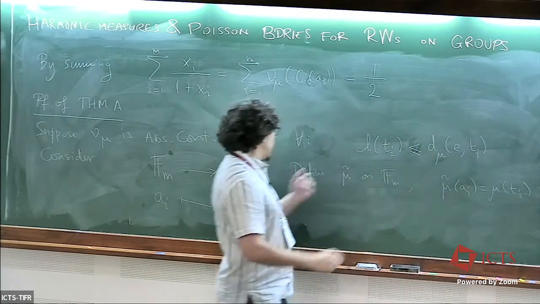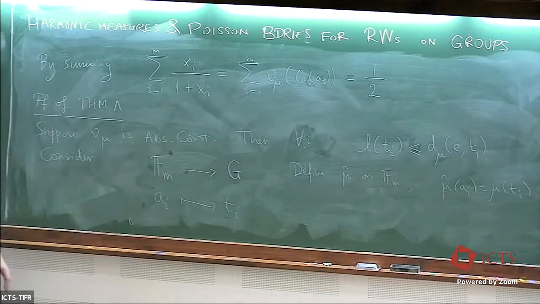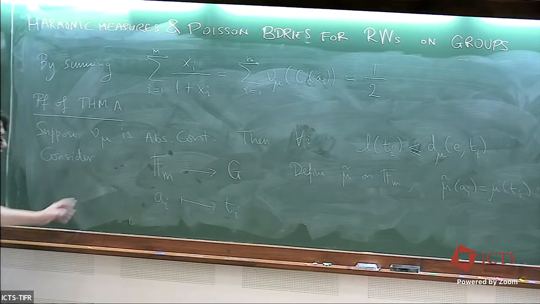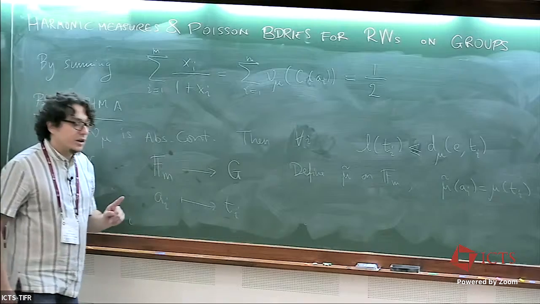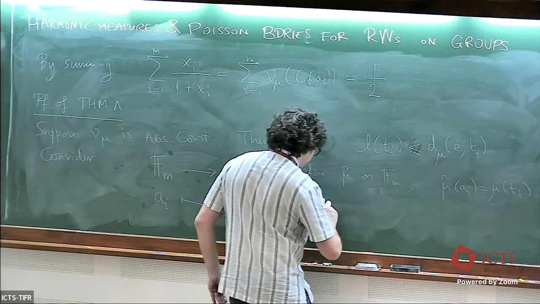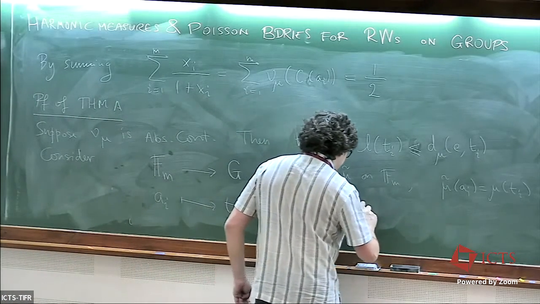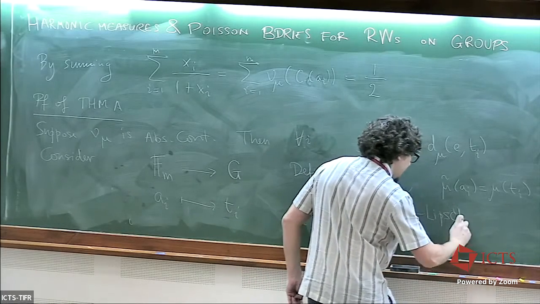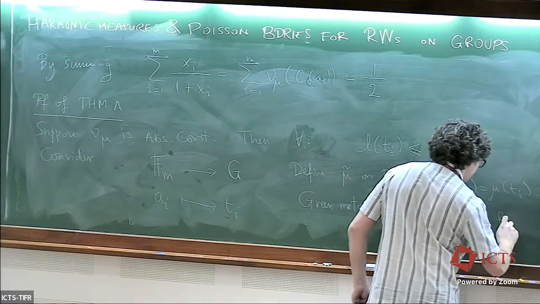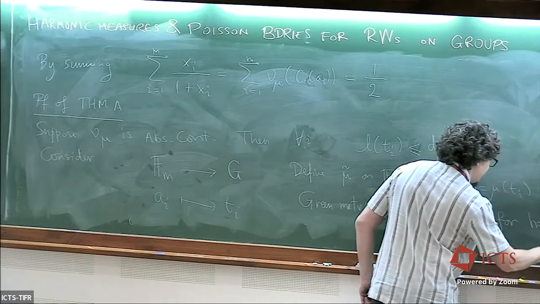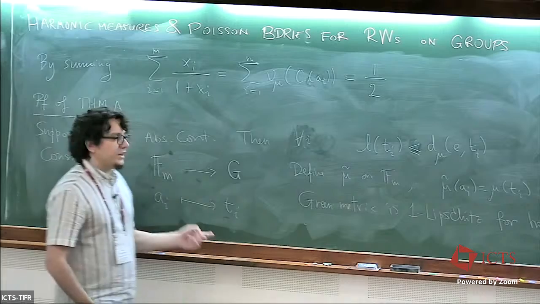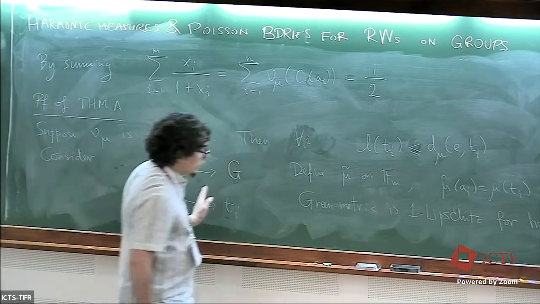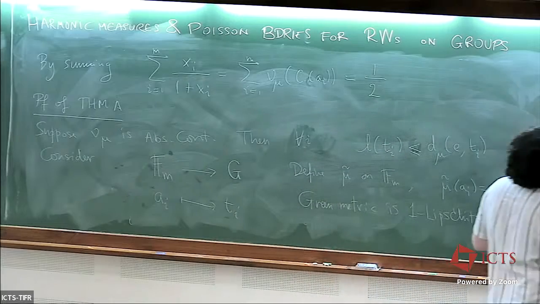So we lift the walk from G to F_m. This is a homomorphism, so there is no problem doing that. Of course, the Green metric is not preserved, but you note that the Green metric is 1-Lipschitz for a homomorphism. This is not hard to remember. So the Green metric could go down, but fortunately it's fine.